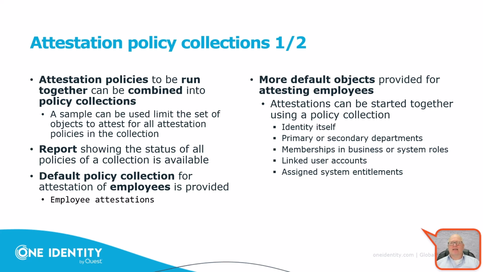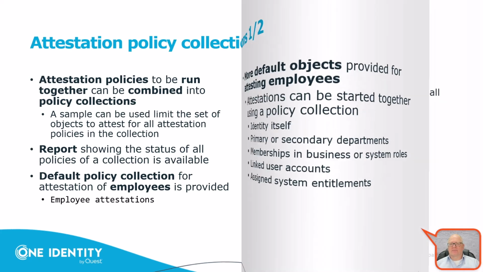And that sample data set is then what, for example, a policy collection will attest on the next attestation run. Together with the policy collection, this is a really cool thing to improve these attestations.